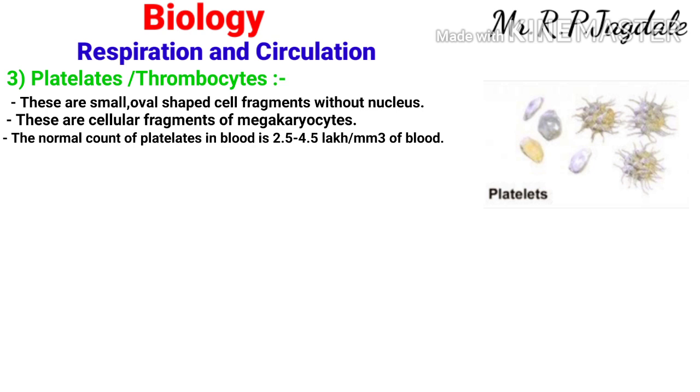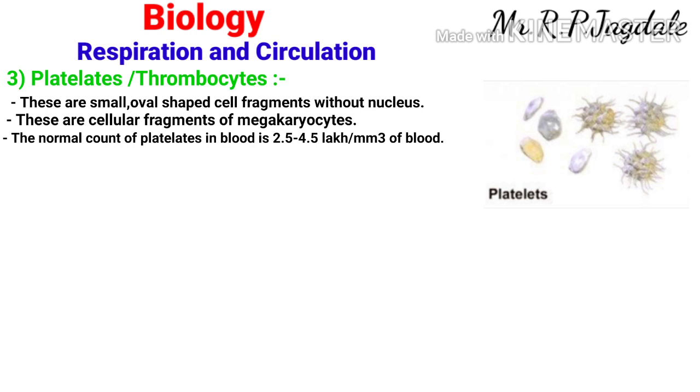All these components we are studying are in the blood reports, so you can see the normal count, how it is calculated, what components of blood are present, and how the tests are done. So the normal count of platelets is about 2.5 to 4.5 lakh per mm cube of the blood.